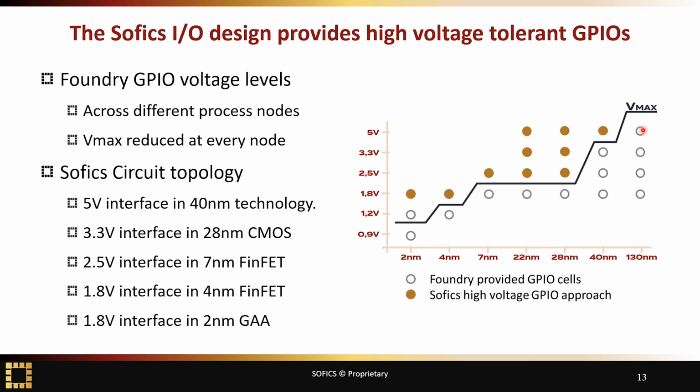I/O cells provided by the foundry are typically below the Vmax line, for instance 1.8 volt in 7 nanometer, but people that we talk to still require, for instance, 2.5 volt in 7 nanometer or 3.3 volt in 22 nanometer. So Sofix can provide I/Os above the Vmax line.